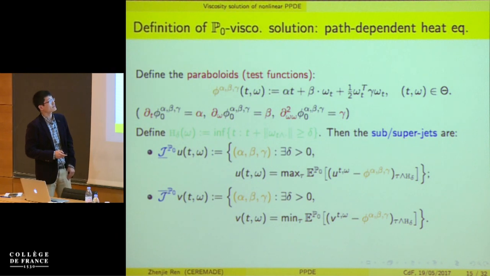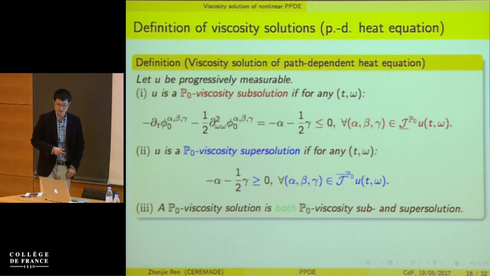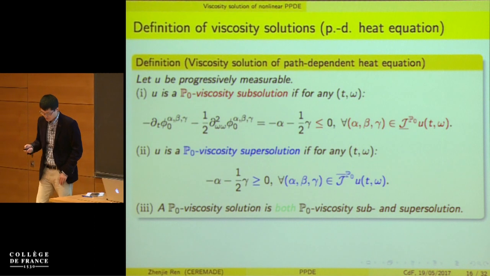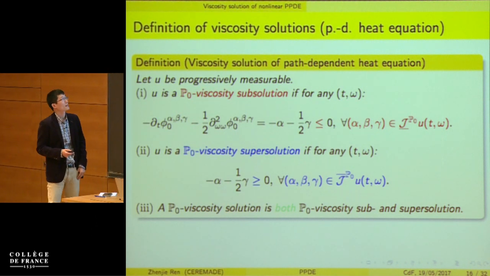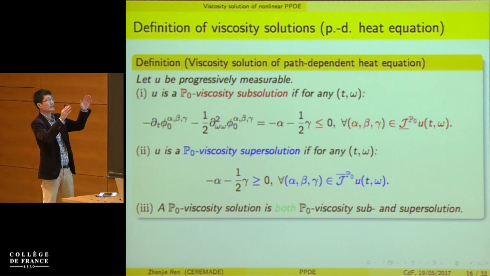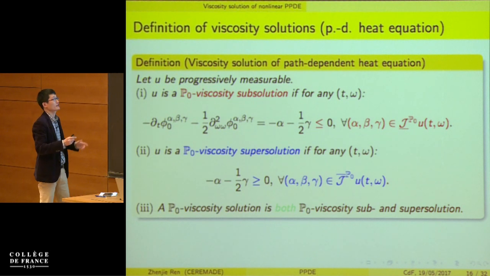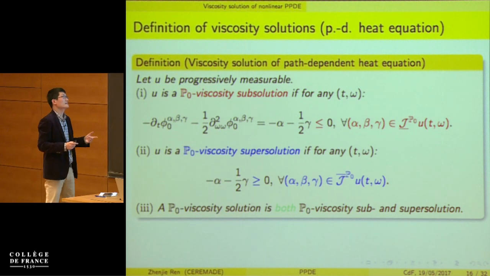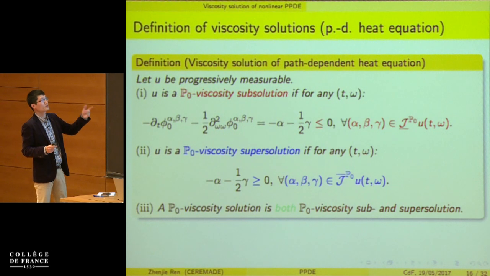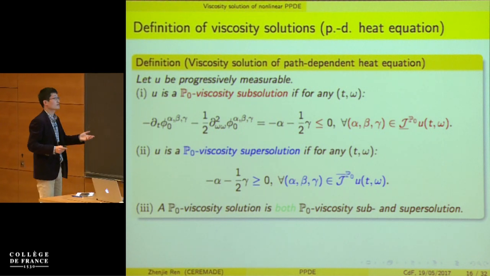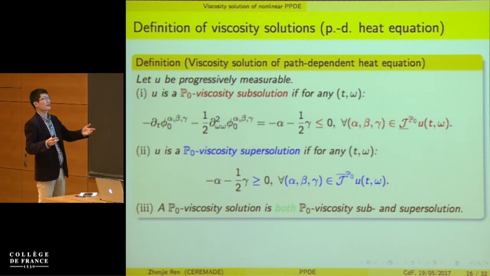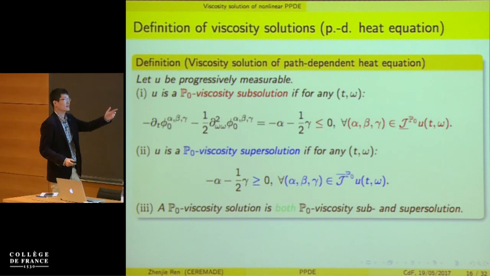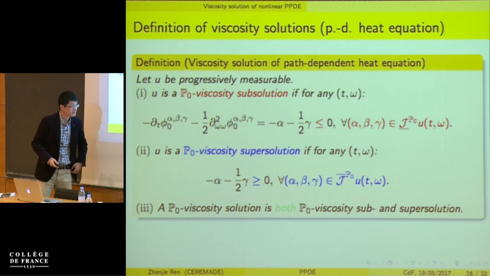So now we can, of course, define the viscosity solution using the jets, and it's ready for the path-dependent heat equation. We replace the Dupire derivative of the test function directly by alpha, beta, gamma. In fact, in the heat equation there's no beta, so it's only about alpha and gamma.